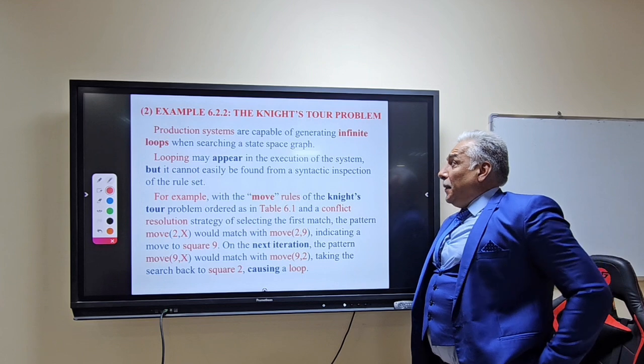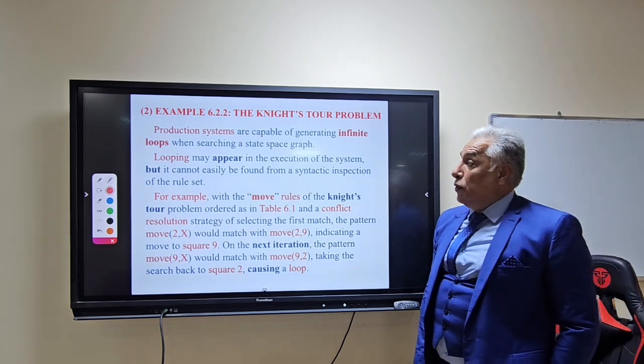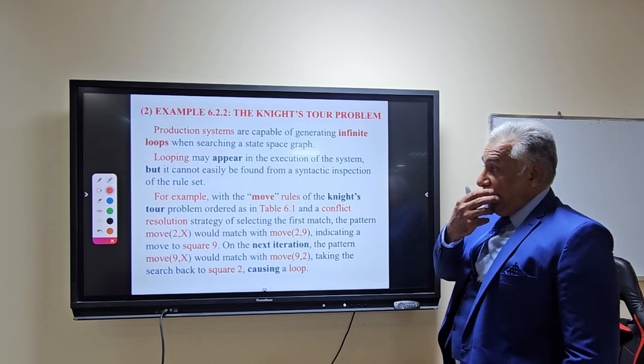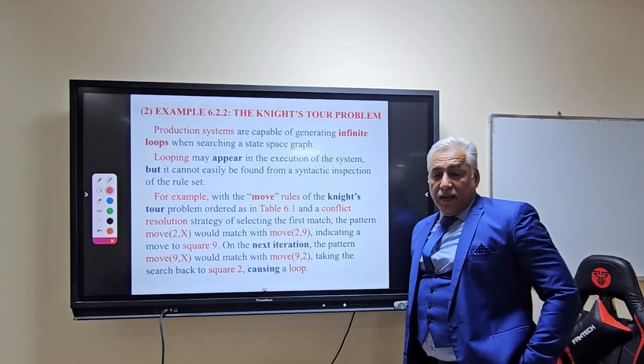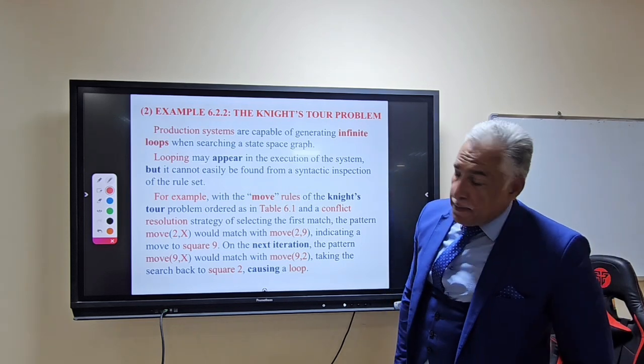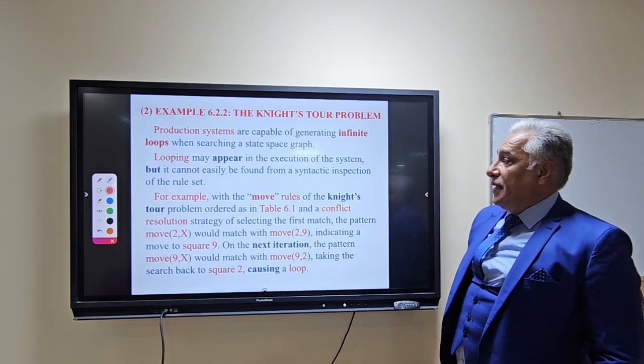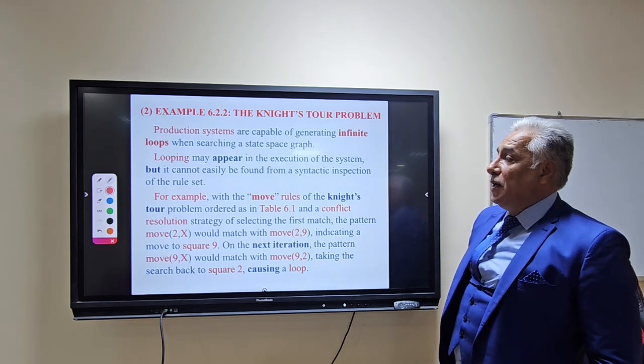Production systems are capable of generating infinite loops when searching a state space graph. Looping may appear in the execution of the system, but it cannot easily be found from the syntactic inspection of the rule set.